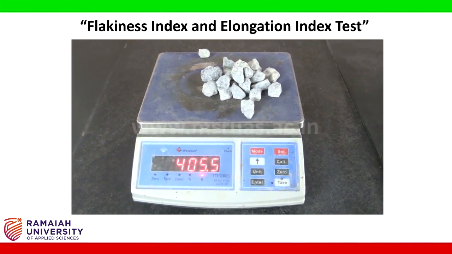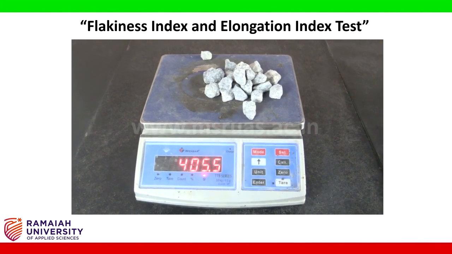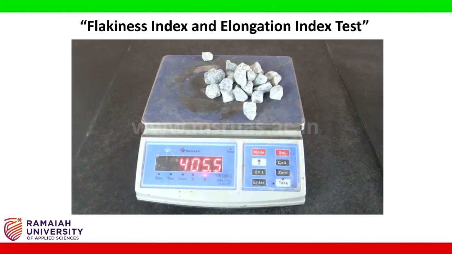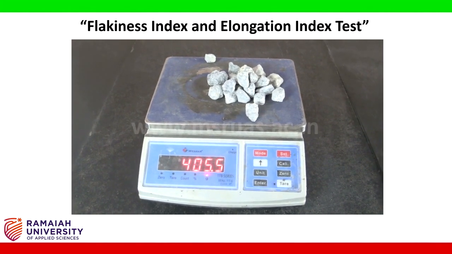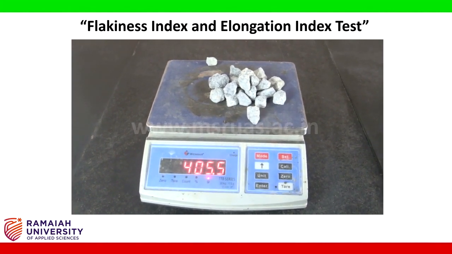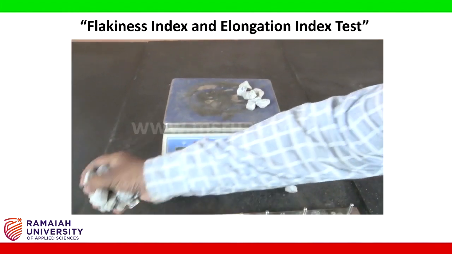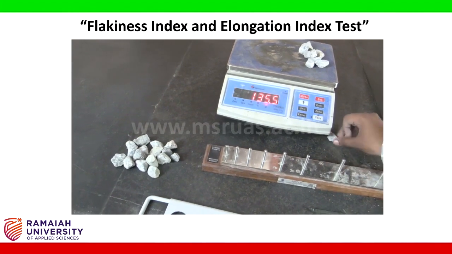Why I took 25 instead of 200 is just for laboratory sake. Actually, as per standards, we need to do it for 200 samples. Note down the weight of aggregates passing 25 mm and retained on 20 mm. I am going to keep it on one side.